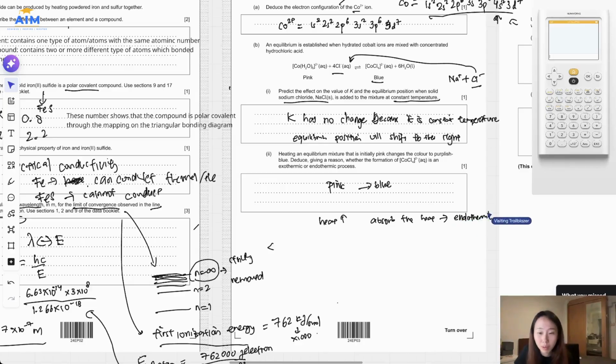Because heating it moves it to the blue side, the direction from reactant to product is an endothermic reaction.